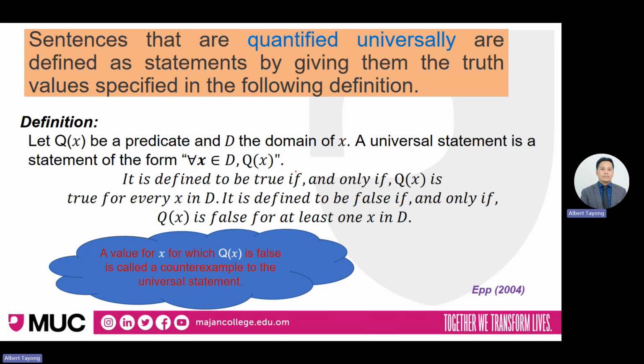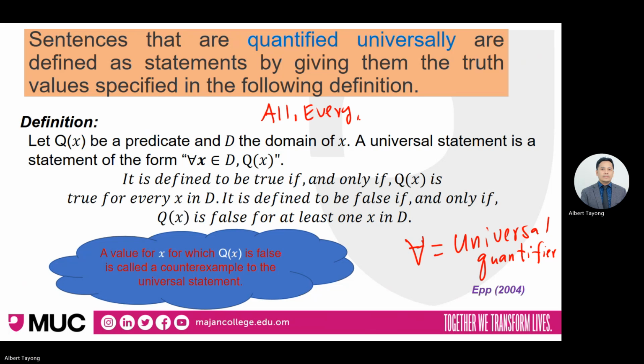The first quantifier is using this symbol. It means universal quantifier. So all elements are included. The keywords are all, every, each, any, or anything. It means that all elements will be included.